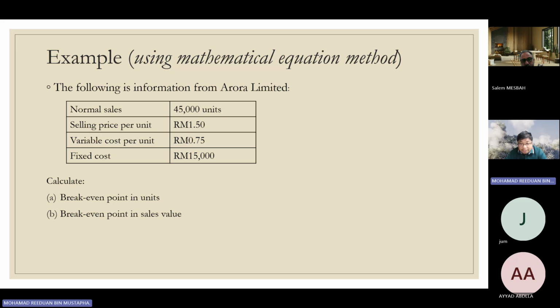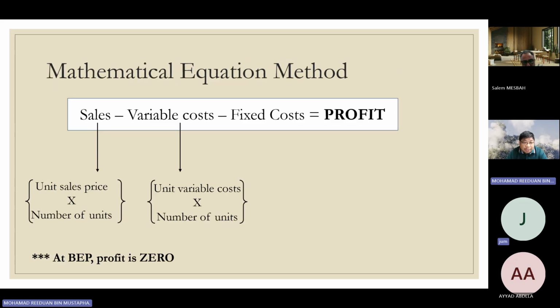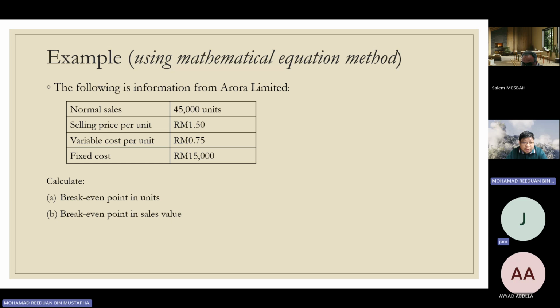So if you see the formula, you need to get this contribution margin per unit in order to get the break-even point. So from this, you get 150 minus 75, which is 75.